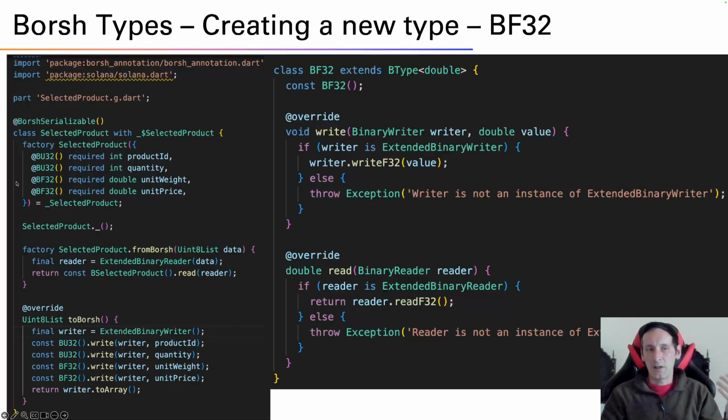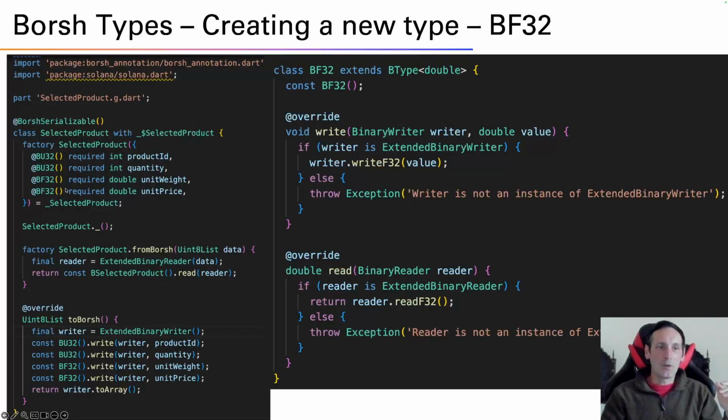But what you can see here are these types, which are the ones I want you to pay attention to. The BU32 is an integer of 32 bits. These ones were already available in the Borsh annotation, so I didn't need to define the BU32. That's fine.